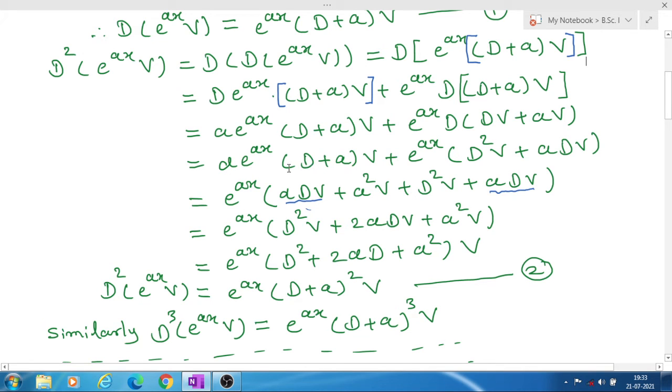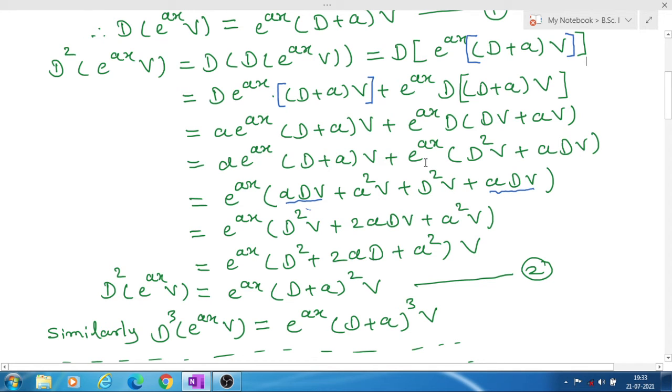Here a is multiplied to this and D plus a operates on v, so a into Dv plus a into v into a, therefore a square v. So we get these two terms, a Dv plus a square v, plus now e raised to ax into D square v.